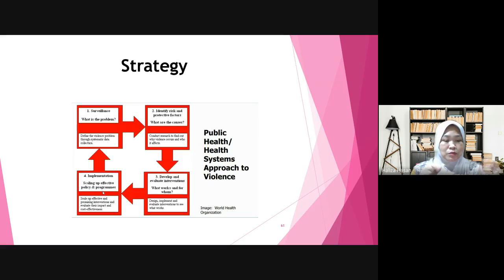So we have to have a place to take care of this victim. For example JKM. When we put this victim under JKM supervision, it will incur cost. Cost to take care of her, to take care of the unwanted baby, and then counseling. So all these implementations will incur cost.